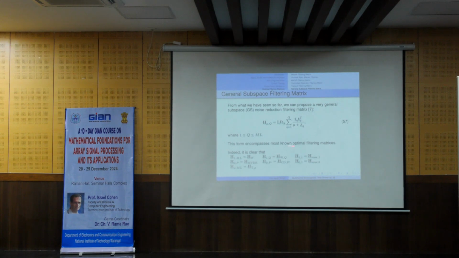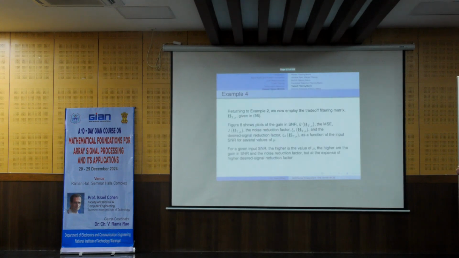So we have many special cases of this general formulation. We obtained a nice way to control signal distortion and noise reduction using two parameters, mu and Q, and we also understand what each one does. So this we explored. Let's go to the example that we skipped with the trade-off. Just a minute.